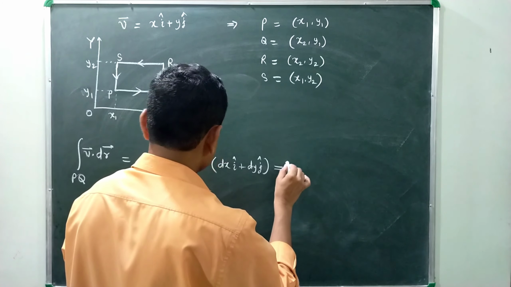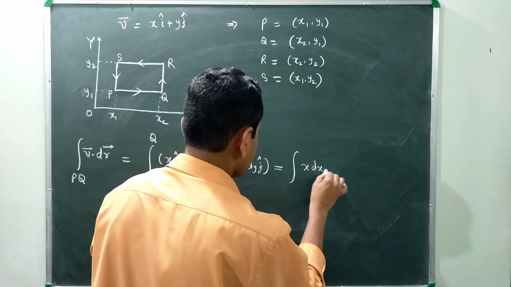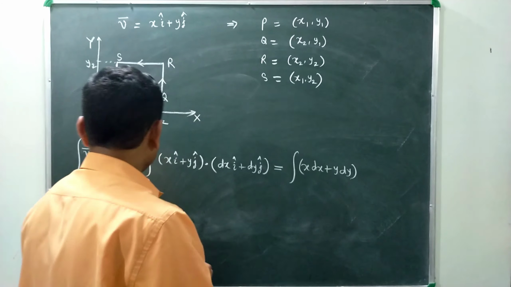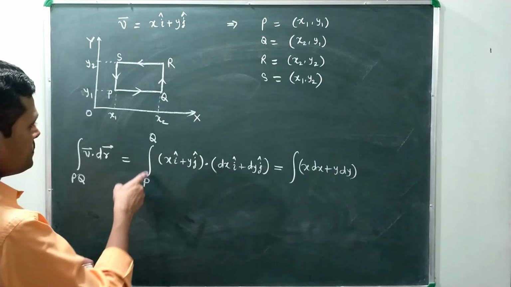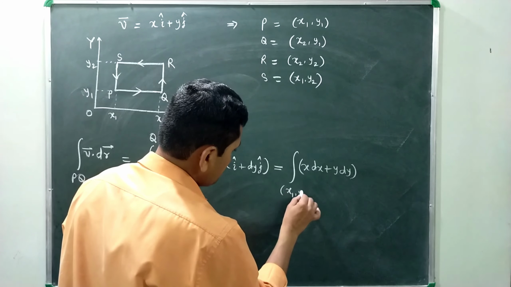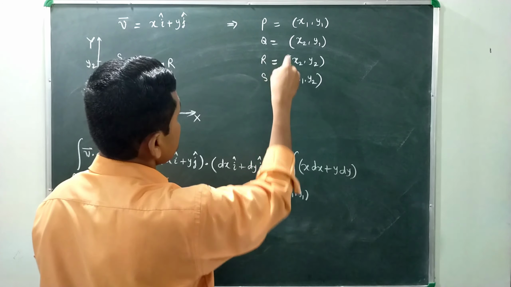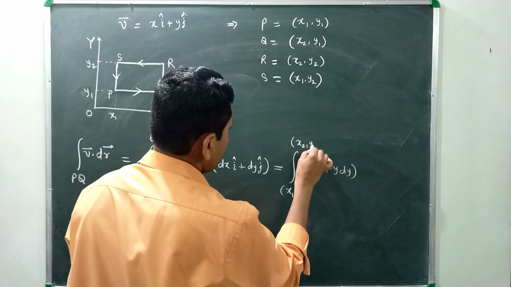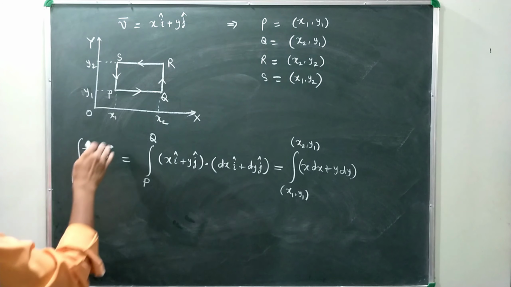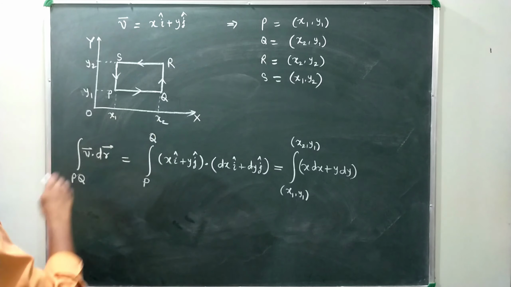So this may be written as integral x dx plus y dy, and here the point P is (x1, y1) and point Q is (x2, y1).